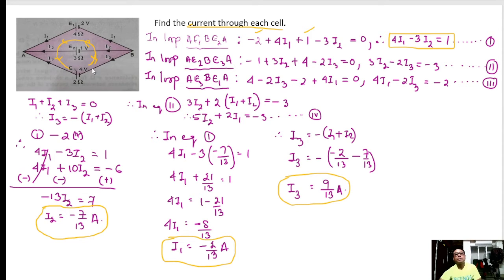Inside the cell I am going from minus to plus, that is minus 1, plus 3 I2 because I am going in the direction of current. Next we are entering from positive terminal, so plus 4. We are going opposite to the direction of current through 2 ohms, that is minus 2 I3 equal to 0. So we got this relation.